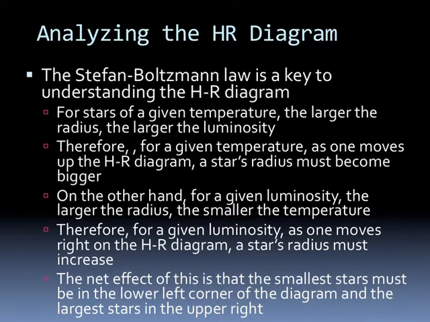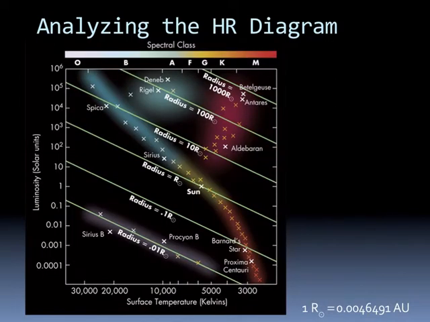Therefore, for a given luminosity, as one moves right on the HR diagram, the star's radius must increase. The net effect is that the smallest stars are in the lower left corner and the largest stars are in the upper right. We can actually then plot the radius of stars on our HR diagram.